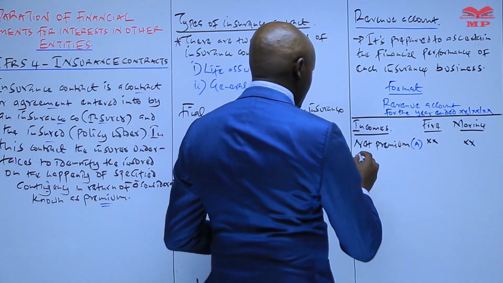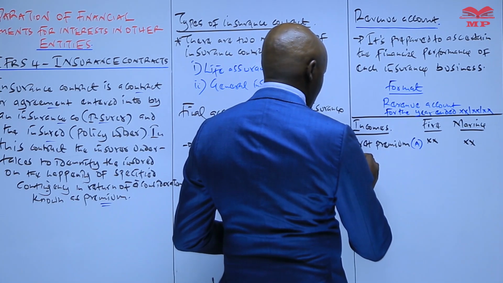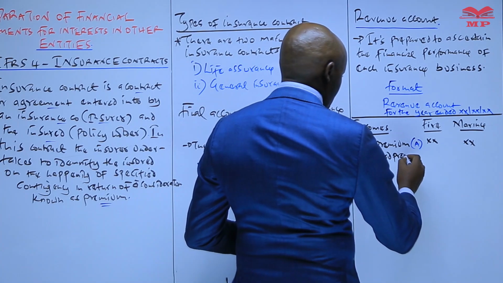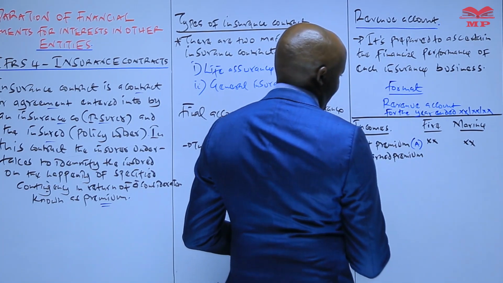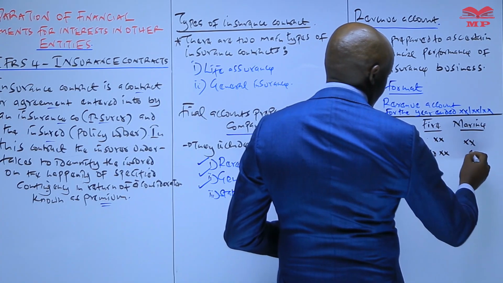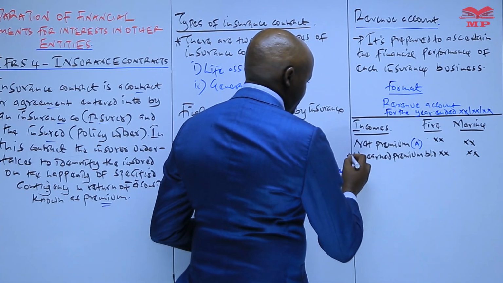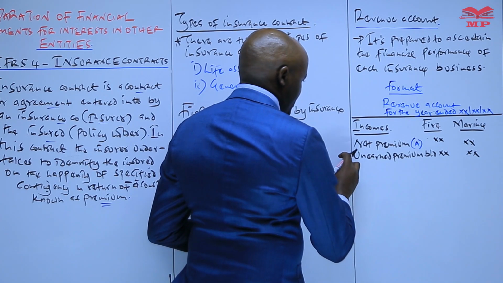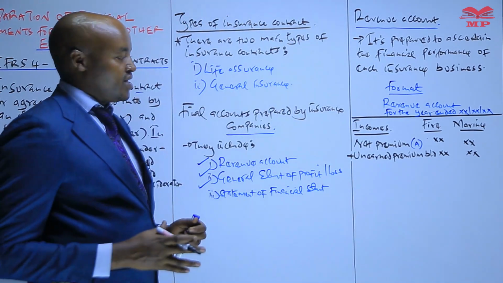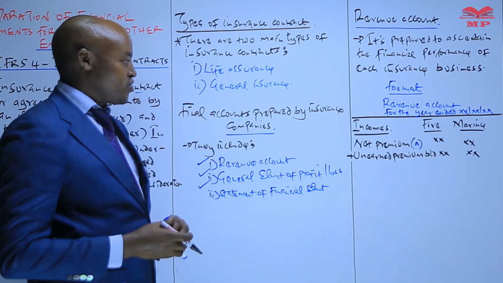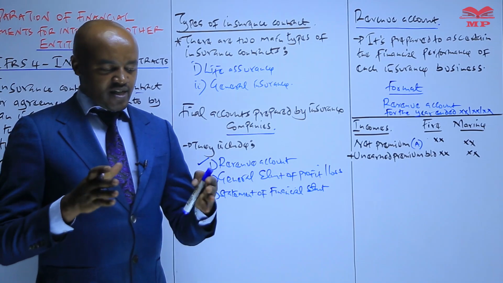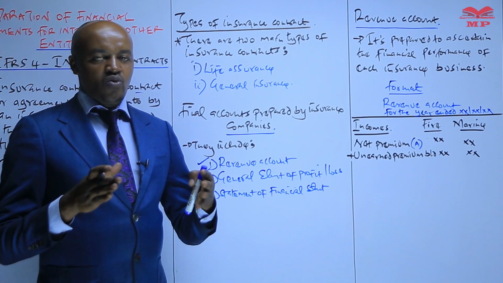And then to this, we add something called the unearned premium, balance brought down. So what is unearned premium balance brought down? It is important for you to note that once you enter into an insurance contract with an insurance company, the premium which you pay, in most cases, is for 1 year.